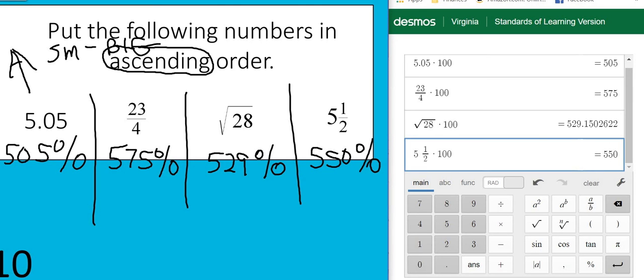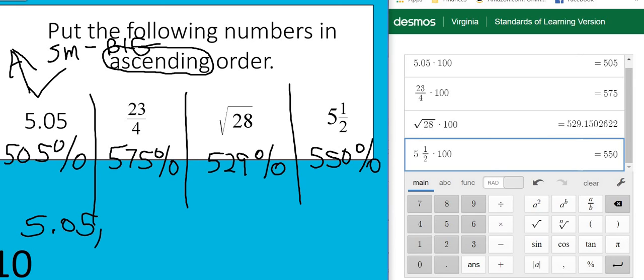So this is ascending, so that means we're starting with the smallest number, which if you compare 505%, 575%, 529%, and 550%, looks like the 505 is definitely the smallest, so I write the original form. So I'm going to put a check there so I know I've used it.